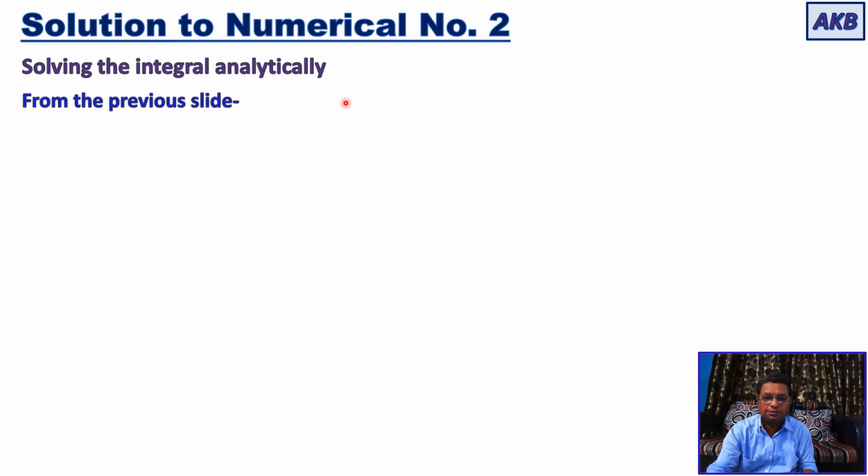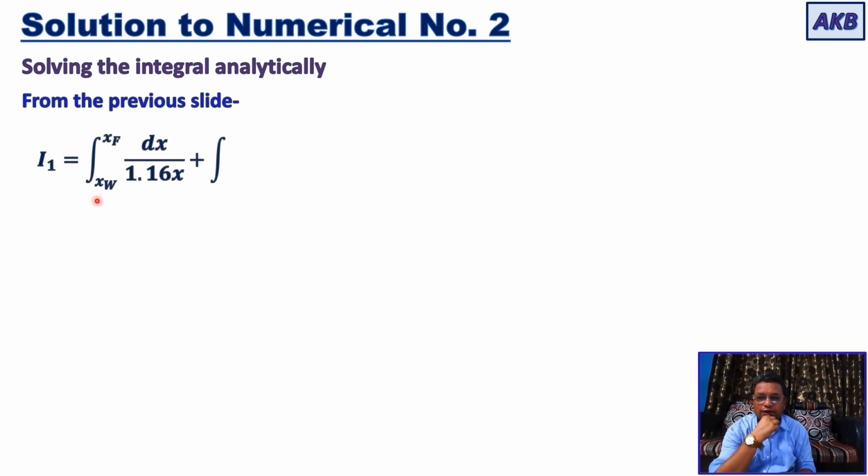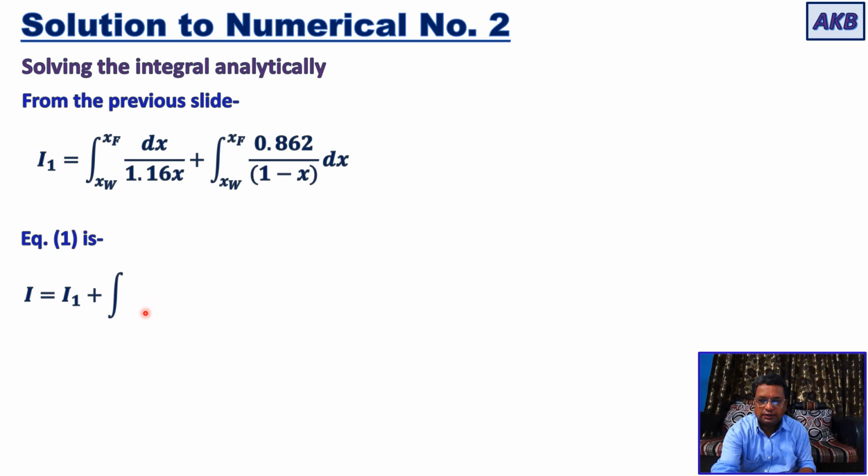So from the previous slide, we had I1 is equal to integration from xw to xf dx upon 1.16x plus integration from xw to xf 0.862 divided by 1 minus x into dx. Equation 1 is this thing, I is equal to I1 plus integration from xw to xf dx upon 1 minus x.